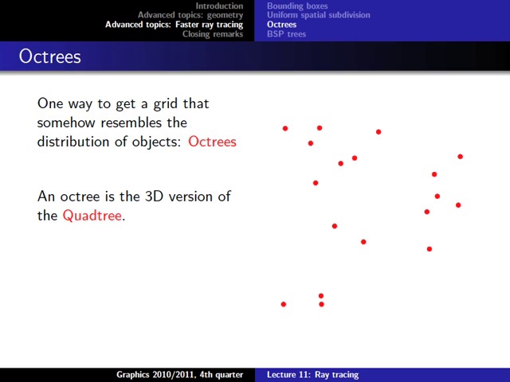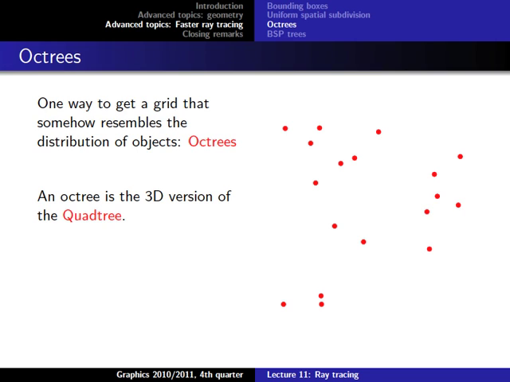The Octree is like a 3D version of a quad tree, and the reason why I'm saying this is because I explain it only in 2D because it's much easier to draw. But if you understand the basic idea of quad trees and how the separation is done with quad trees, you should be able to easily generalize to 3D, because it's just a straightforward generalization to a third dimension from squares to cubes.